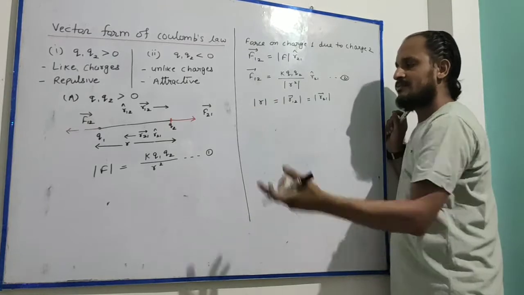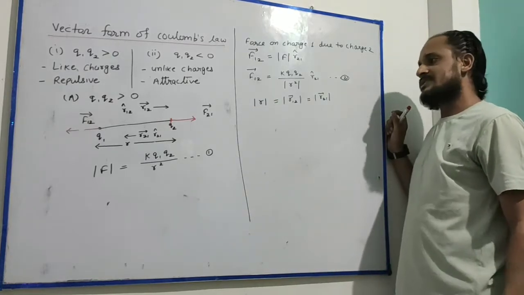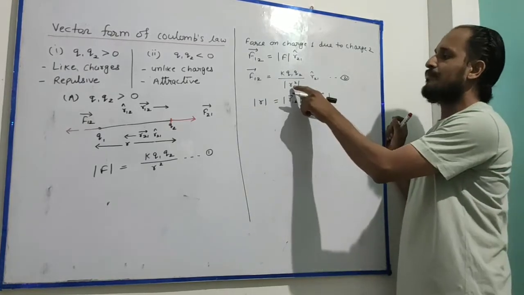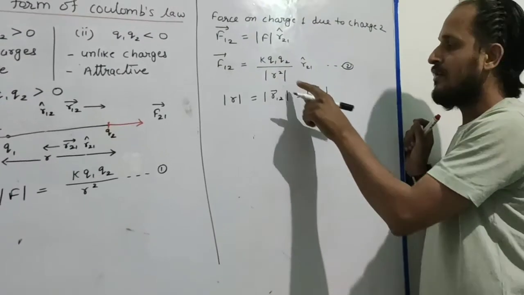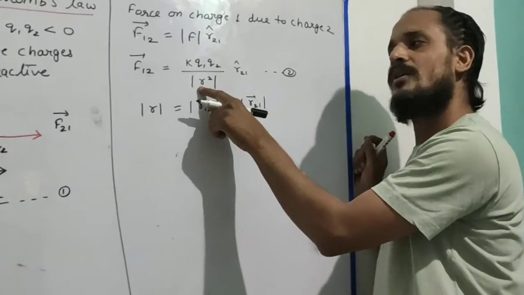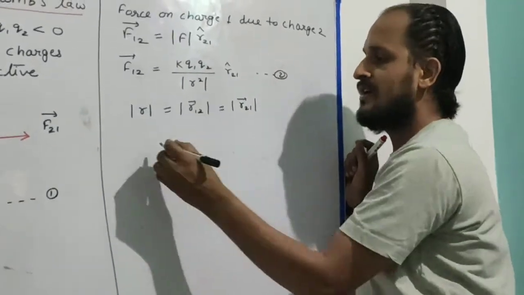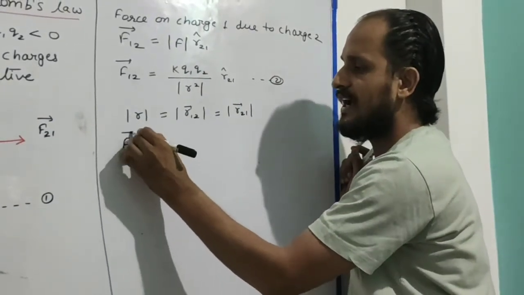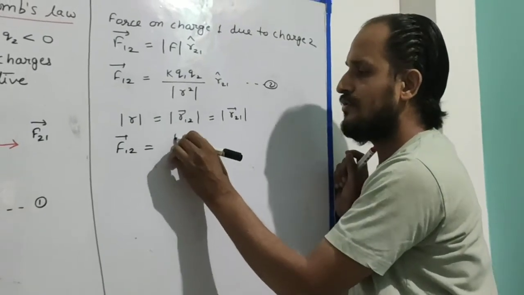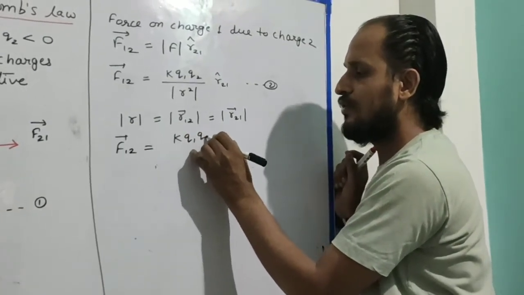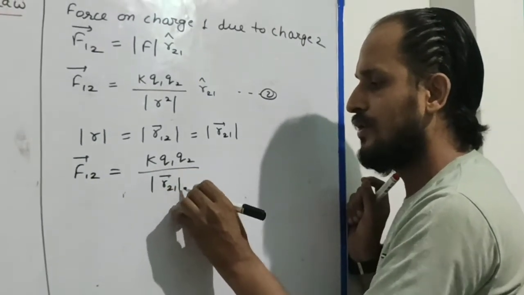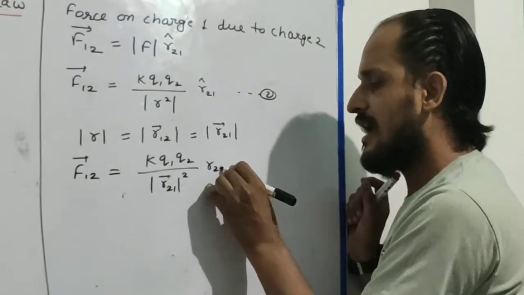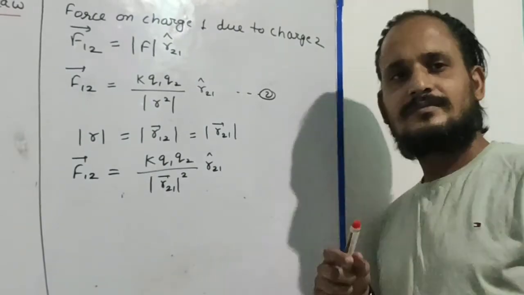Things are the same, so we can put R12 magnitude instead of R, or R21 magnitude instead of R. Both we can put here. It becomes F12 vector is equal to K Q1 Q2 upon R21 magnitude square R21 cap.